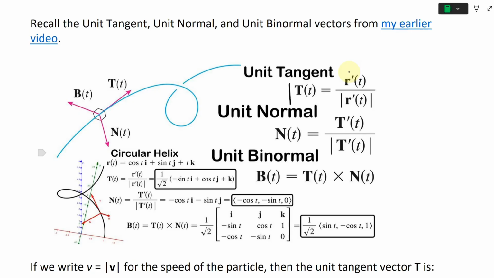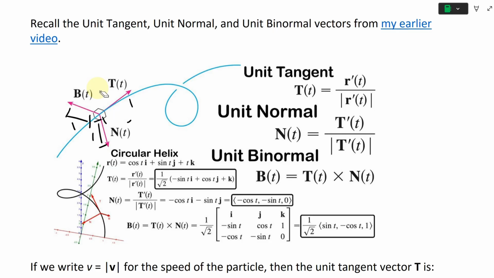So the magnitude is always 1. All these are unit vectors. And then there's the binormal.